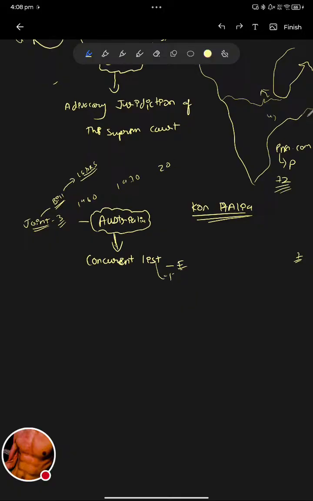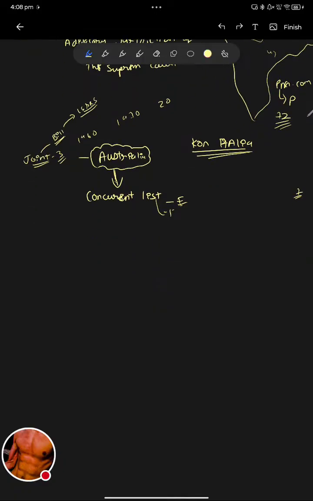Then the Weimar constitution, or you could say Germany, but Weimar is more likely to come in the exam because it is a different name than Germany. If you're not identifying Germany, you could remember it as Hitler.